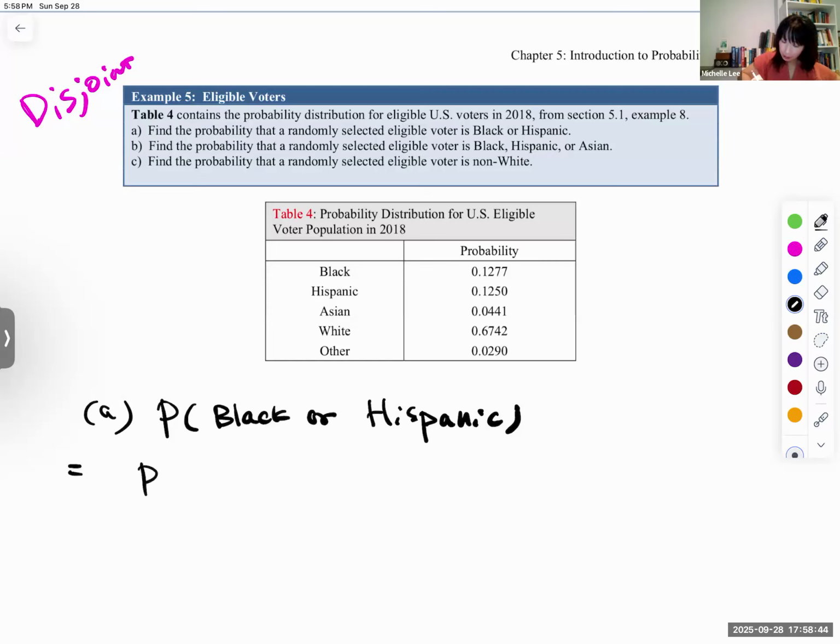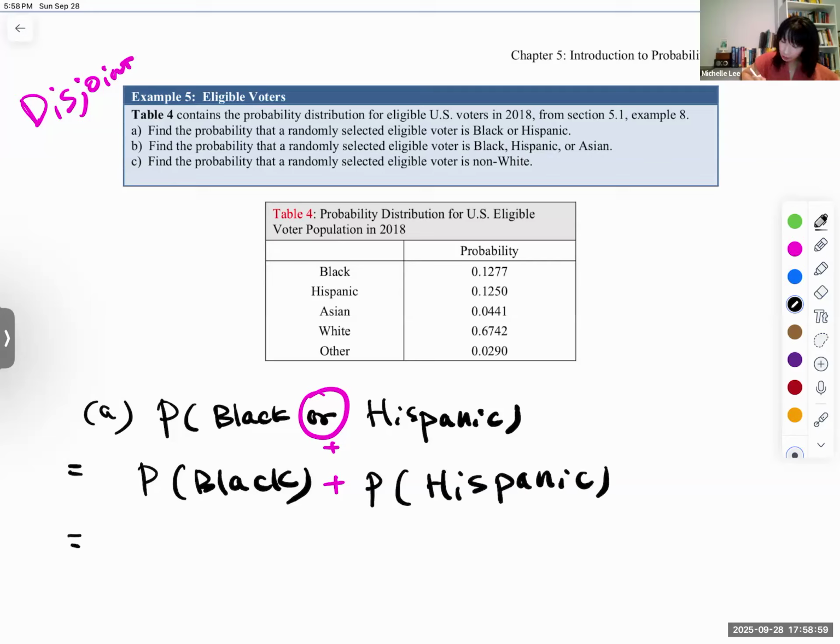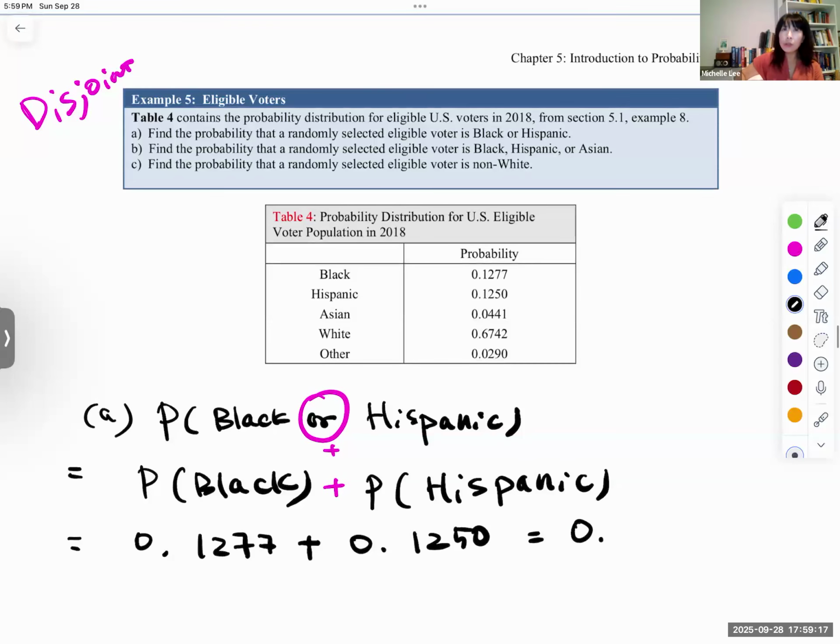We can just copy Black, and OR means addition, so we add the probability of Hispanic. Using that information, Black is 0.1277 plus Hispanic 0.1250. Can you please calculate? 0.2527. Yeah.